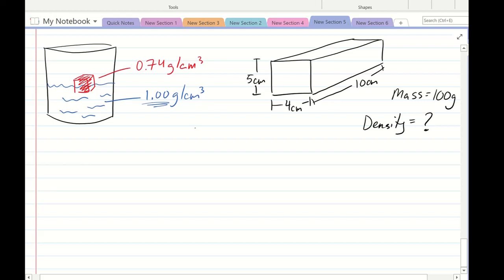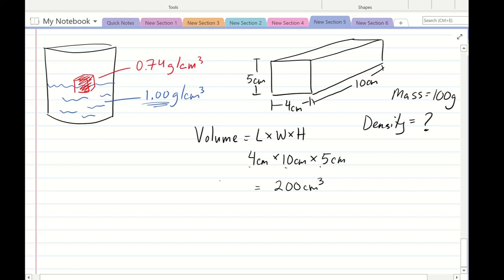So first step, volume, length times width times height. Length, let's say, is 4 centimeters. And it doesn't really matter which one you call length, width, or height, as long as you have the 3 corresponding numbers. Width, let's say, is 10 centimeters, and height is 5 centimeters. So we multiply this out, 4 times 10, 40, 40 times 5, 200 cubic centimeters.